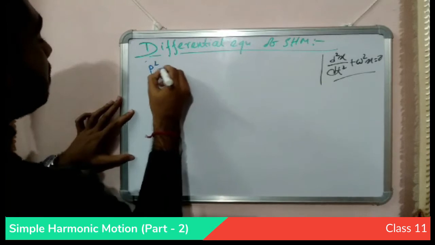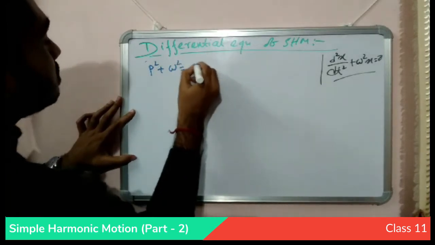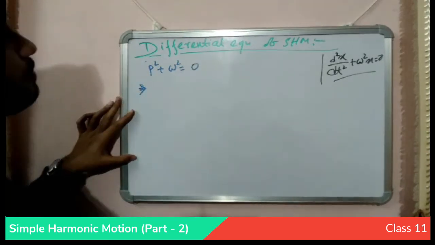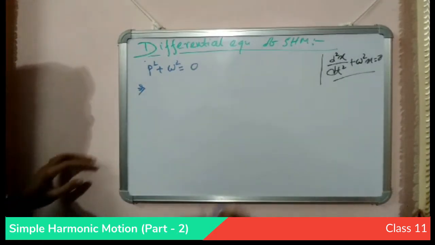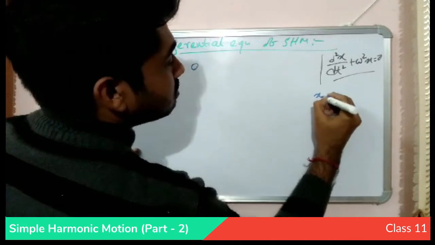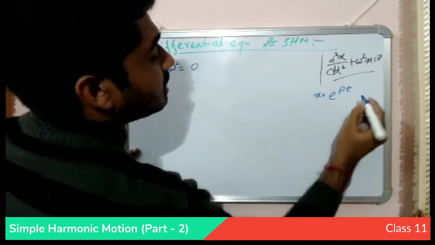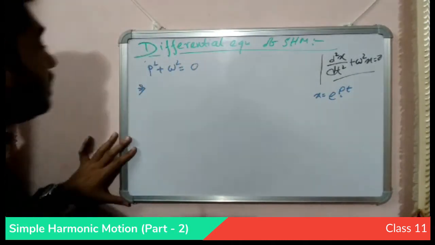Our trial solution was x is equal to e to the power pt, so we need to calculate p.